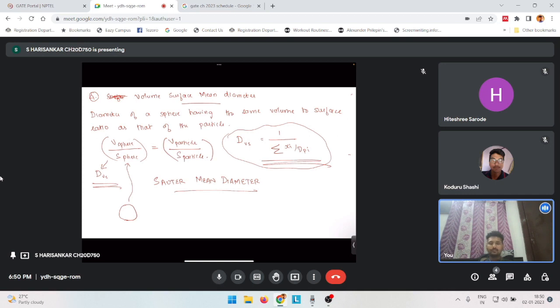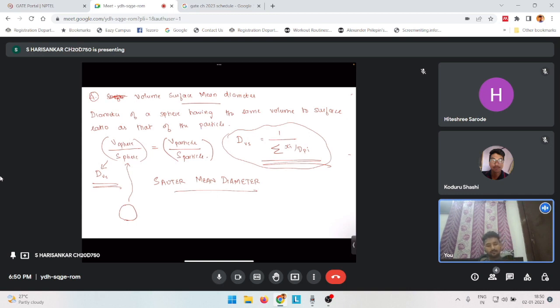So such a diameter you can represent as the volume surface mean diameter, or by definition, the volume surface mean diameter is basically the diameter of a sphere having the same volume to surface ratio as that of the particle.